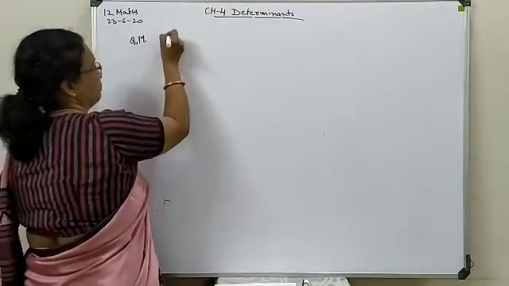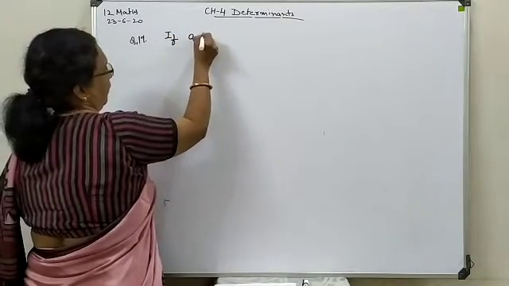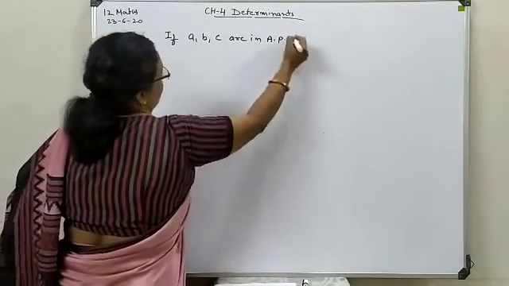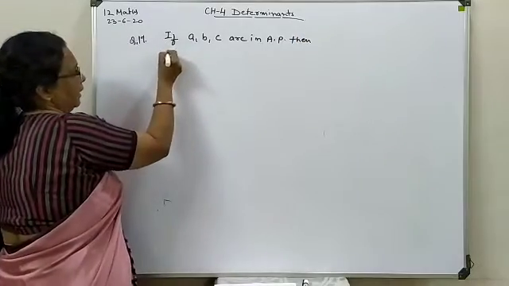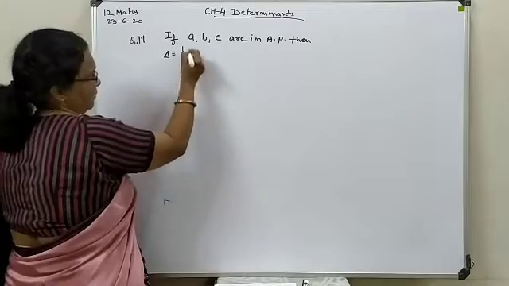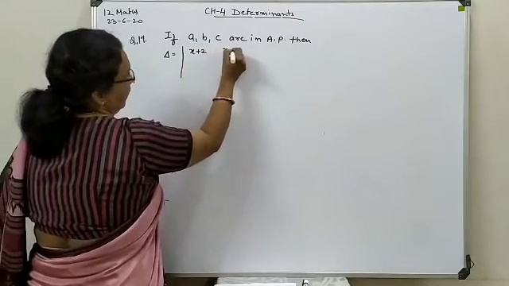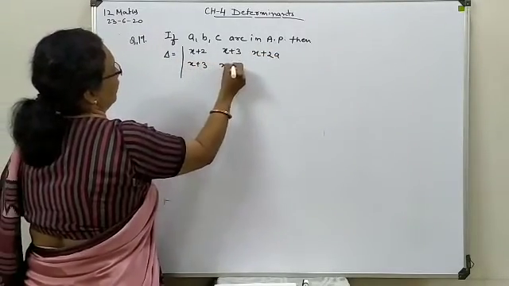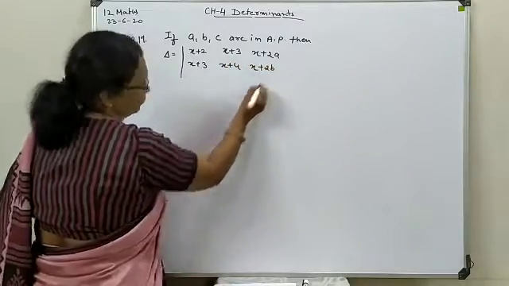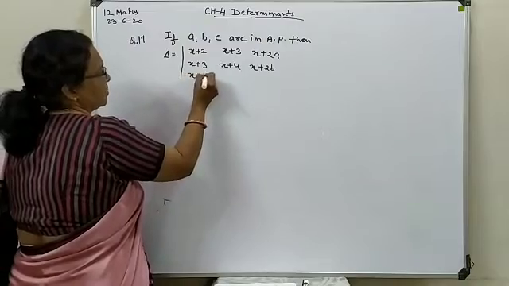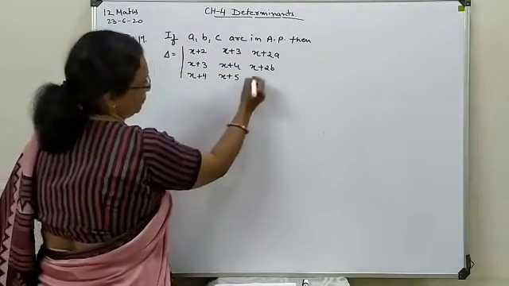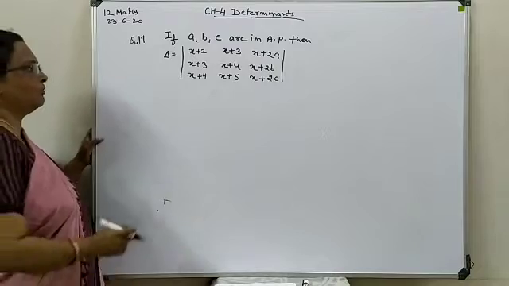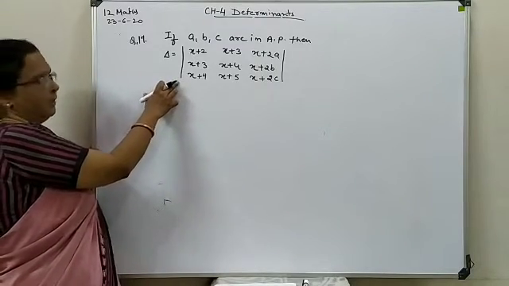In question 17, given that if a, b and c are in arithmetic progression, then we have to evaluate the value of this determinant, which is given as x plus 2, x plus 3, x plus 2a; x plus 3, x plus 4, x plus 2b; and the third row x plus 4, x plus 5, x plus 2c.